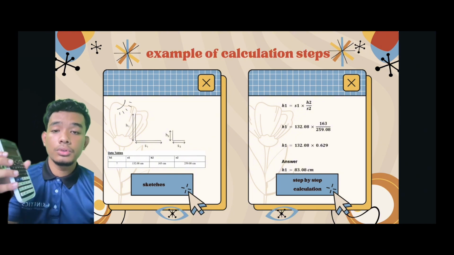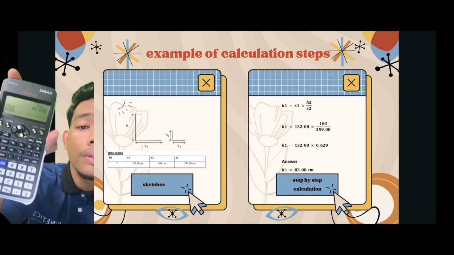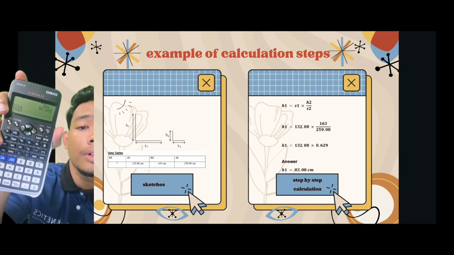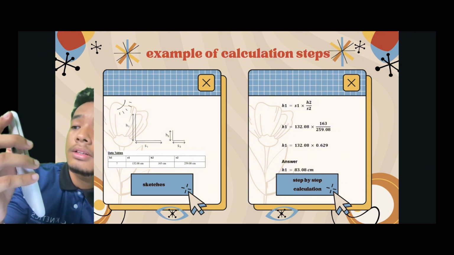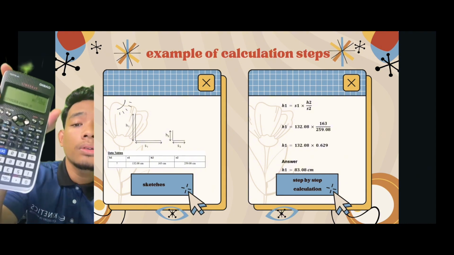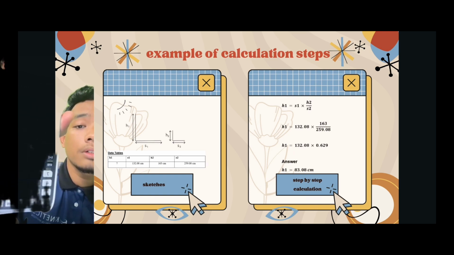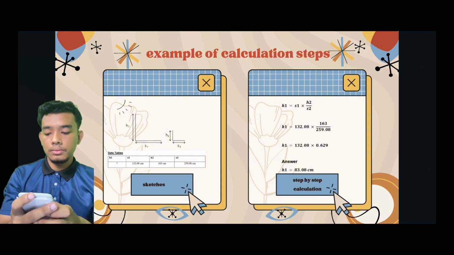First, you should type 163 divided by 259.08 and you get 0.629. Continue, step 2.